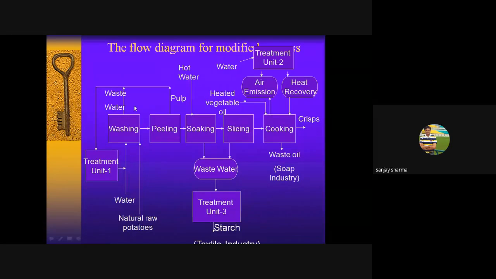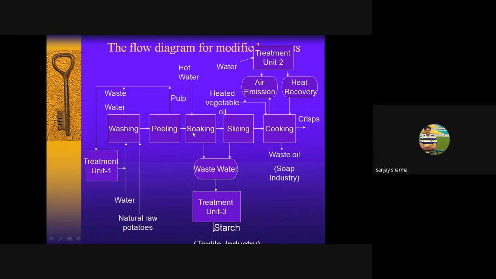So this is the waste generation: wastewater from washing. A small treatment unit, maybe a sedimentation tank, was placed, and the water is recirculated back for washing. So the quantity of water required for the potato was saved here.